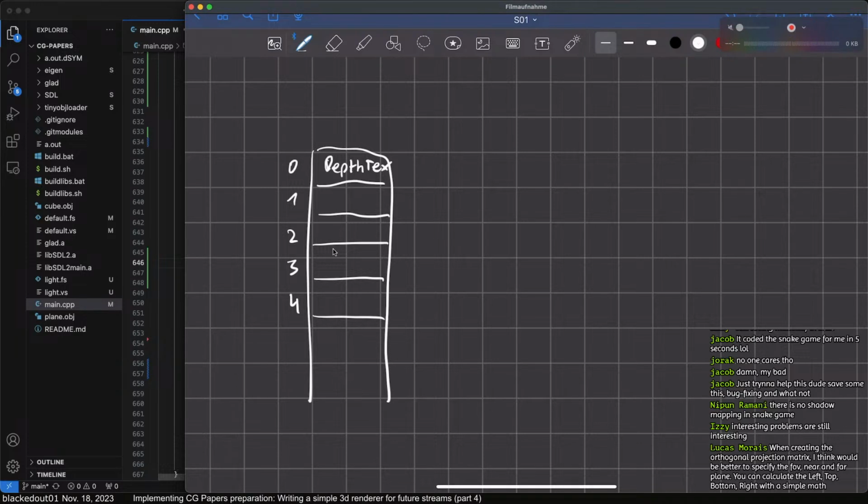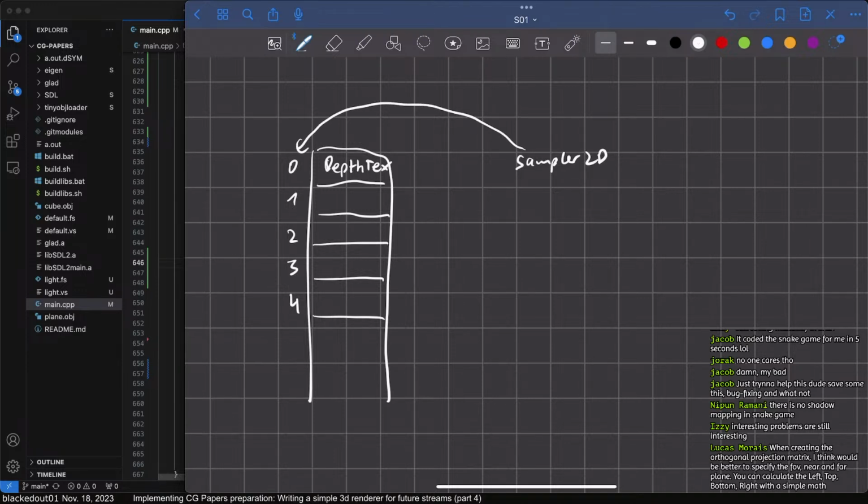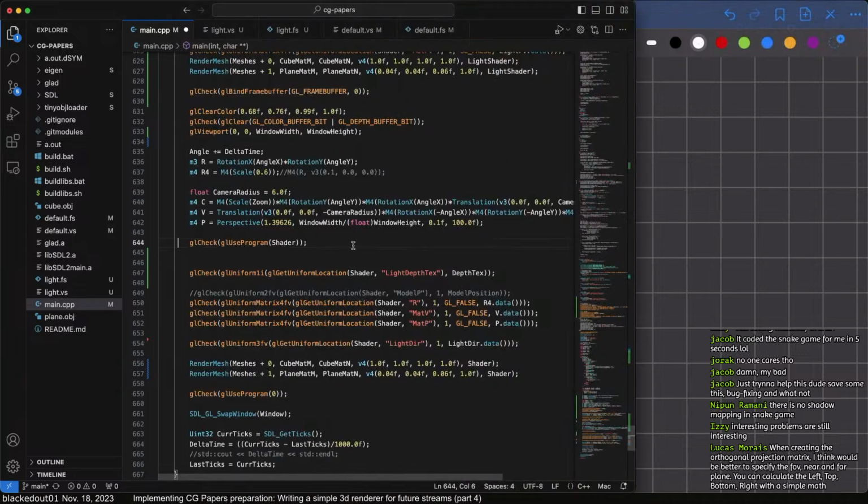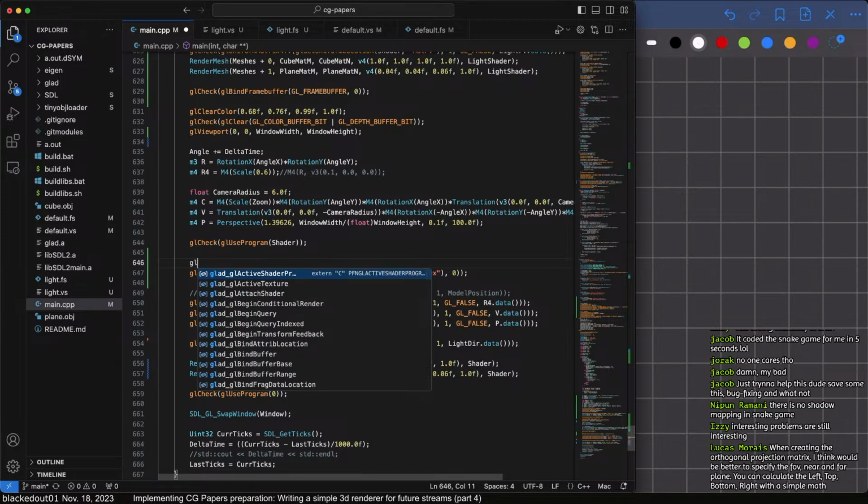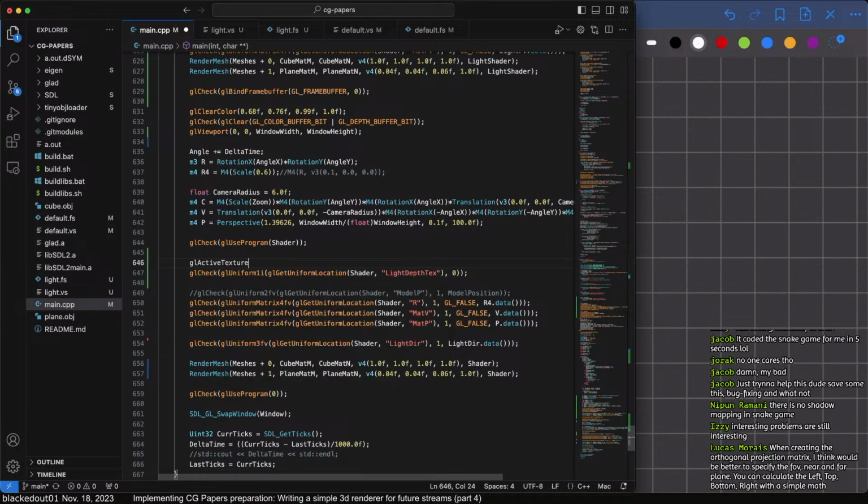And then we tell the sampler in which slot to look at. So the sampler should look in slot 0, for example. So this is why we will put a 0 here. And now we need to bind the texture into slot 0. And for that, we need to call glActiveTexture. So we activate a certain slot.